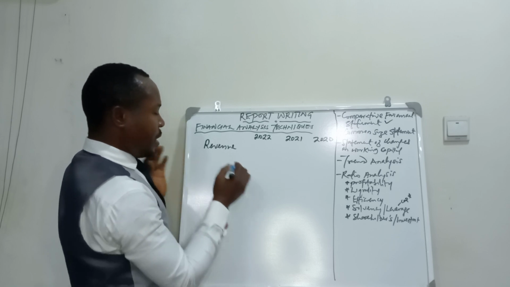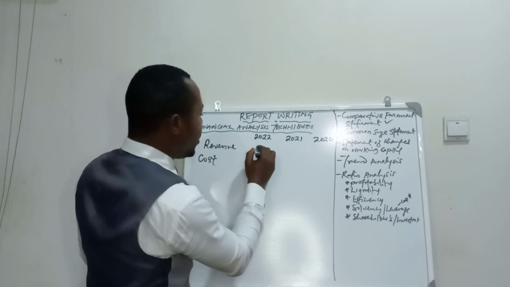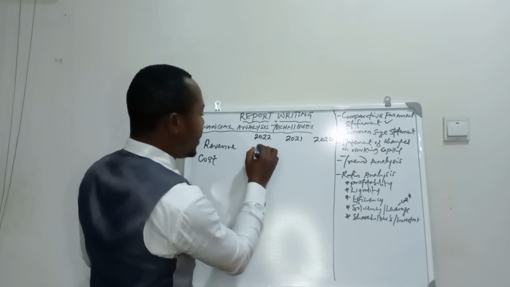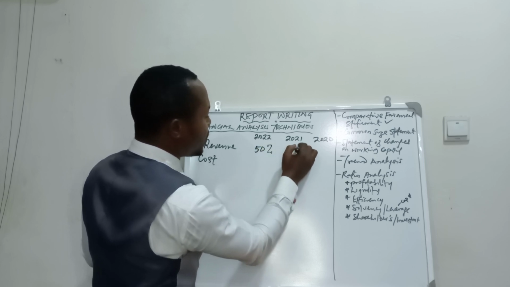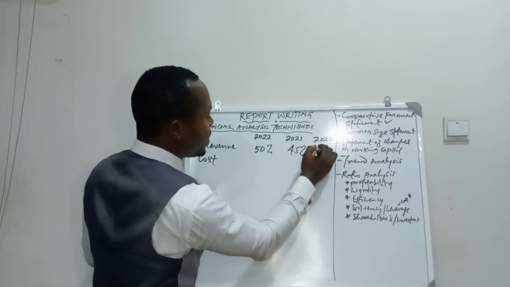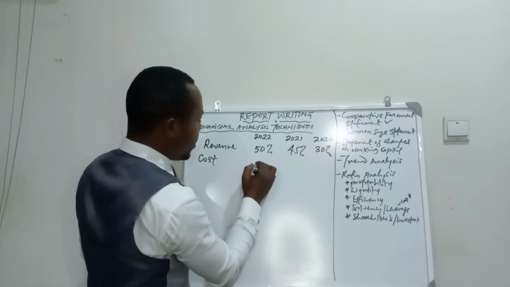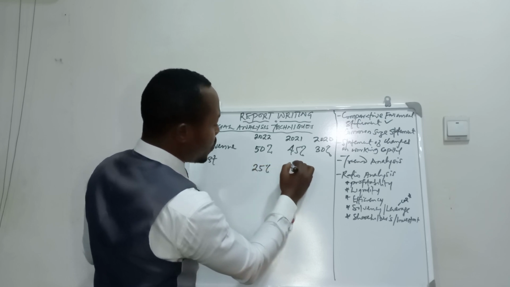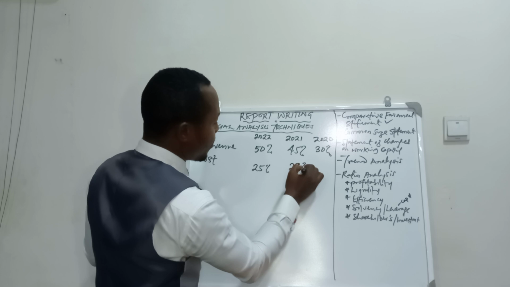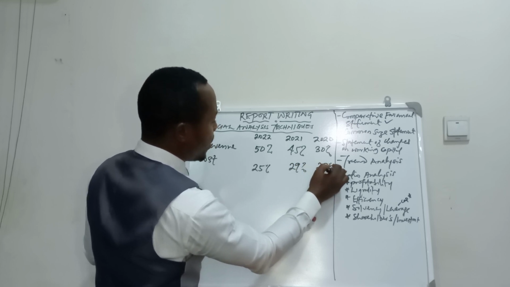Comparative financial statement. And we have cost. Let's say revenue here is 50%, and this is 45%, and this is say 30%. And cost was 25% here, and it was say 29% here, and we have about say 22% here.